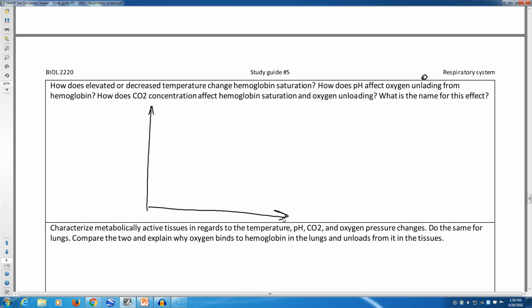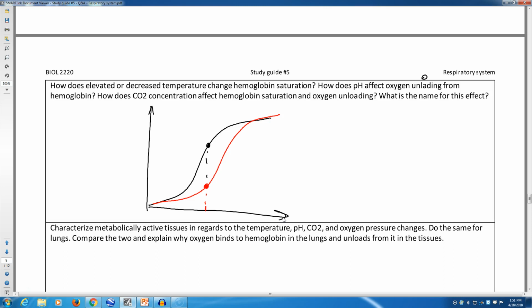Do I make sense? So this is the normal curve. The curve at the high temperature will be like this. Does that make sense? So at the same partial pressure, there will be more unloading than in the normal state.